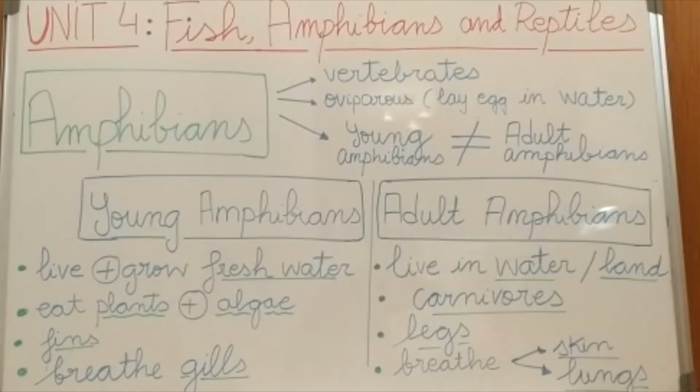They move using their legs, okay? Young amphibians use their fins, but adult amphibians use their legs. And finally, adult amphibians breathe through their skin and also they use their lungs, okay? These are the main differences between young amphibians and adult amphibians.